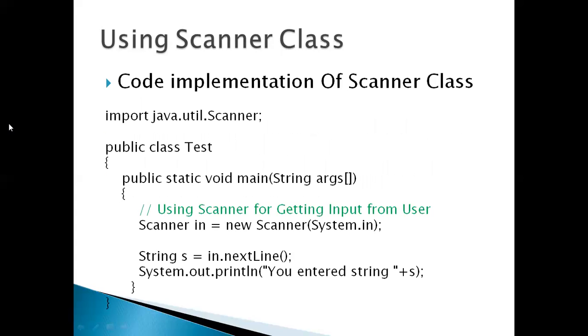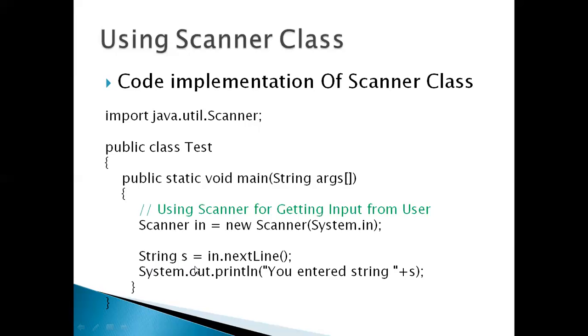So this is a code implementation of the Scanner class. We need to import the class Scanner and then we need to make a class Test. So it is public static void main, the main function. Inside that main function, we need to declare a variable in of the type Scanner. So Scanner in is equal to new Scanner(System.in).